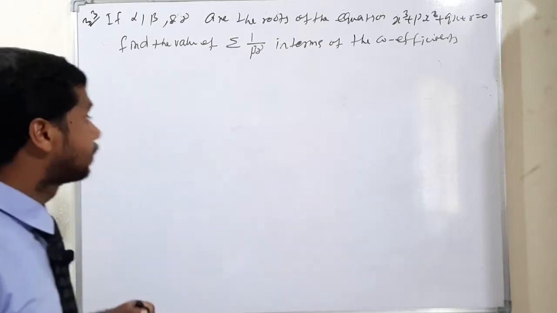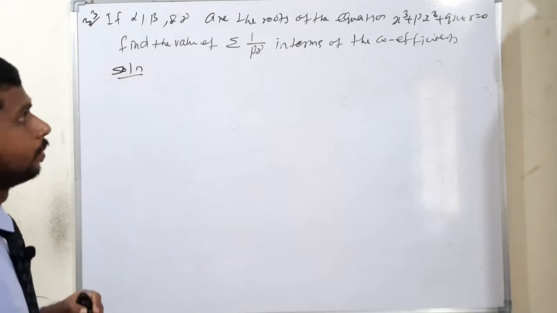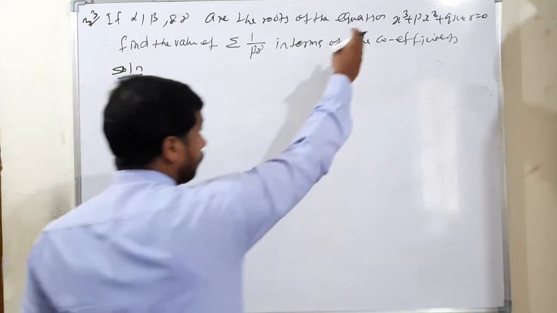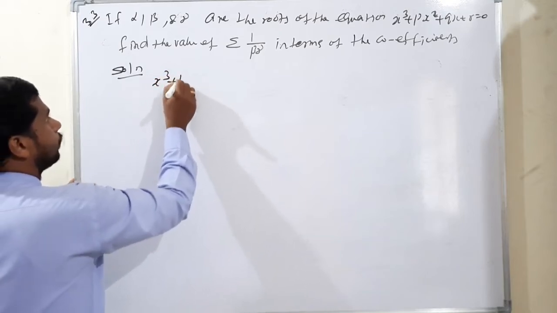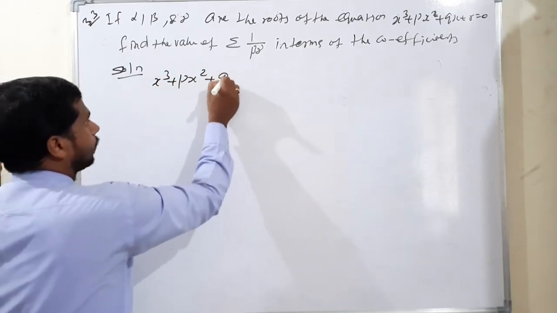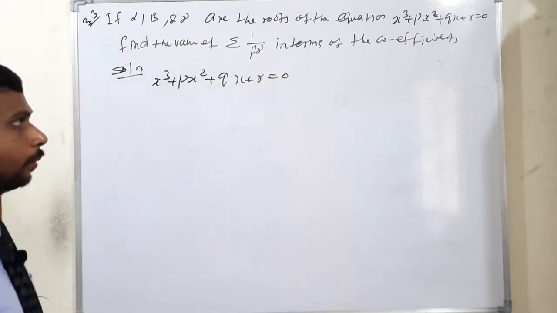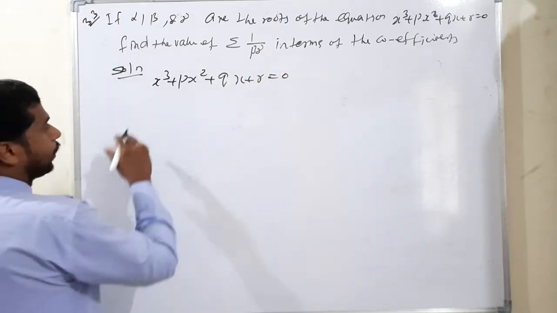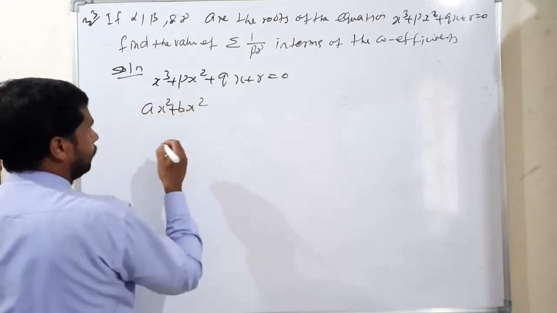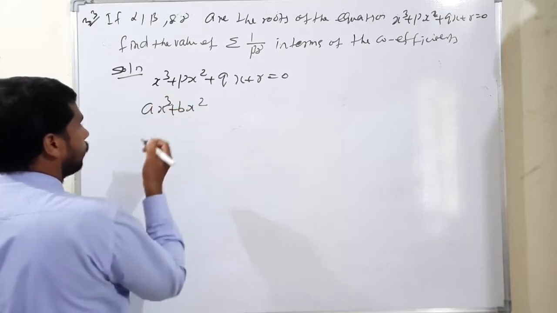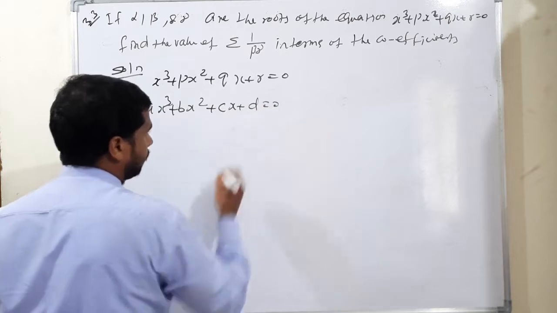First we need to write the basic cubic equation. What is the given equation? x³ + bx² + qx + r = 0. The general cubic equation is ax³ + bx² + cx + d = 0.